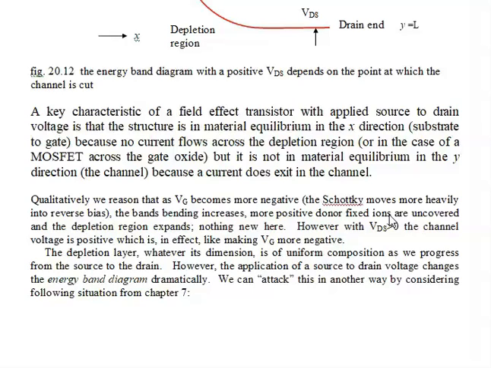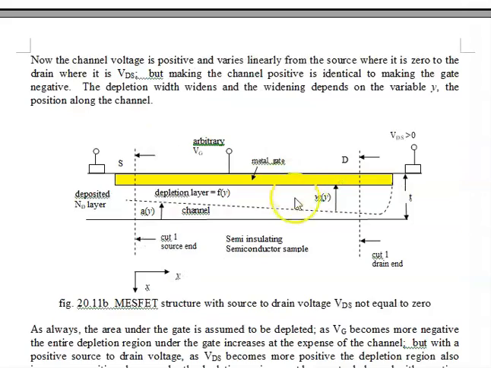Now, one of the important things which we should mention here, that in the x direction, this direction here, we have material equilibrium. There's no flow. Remember that material equilibrium or material disequilibrium depends on whether there is a flow of material.